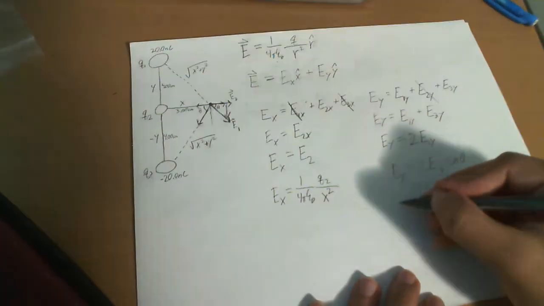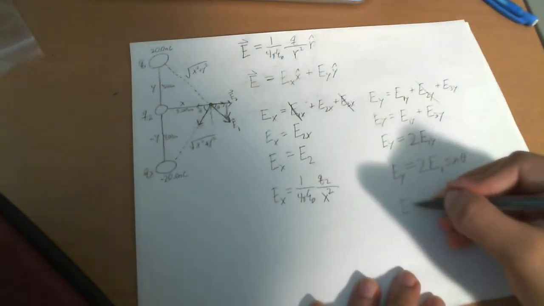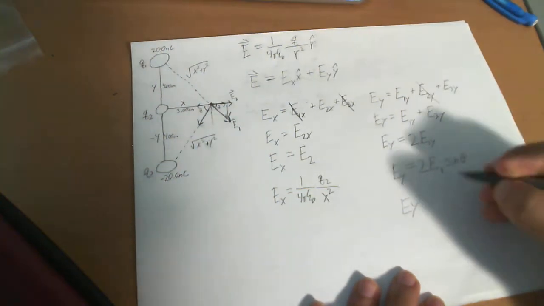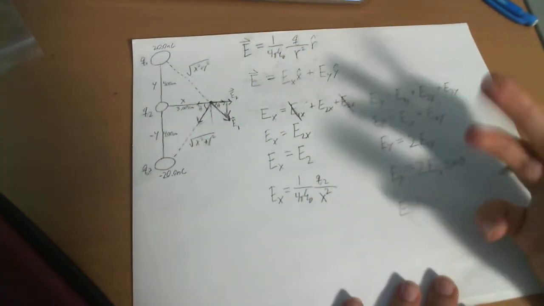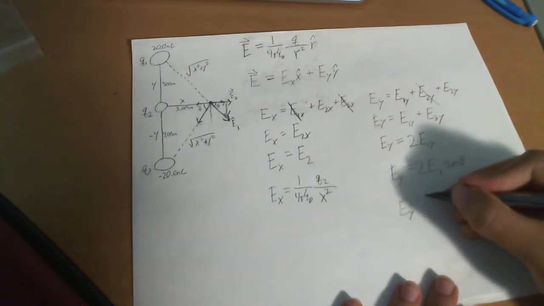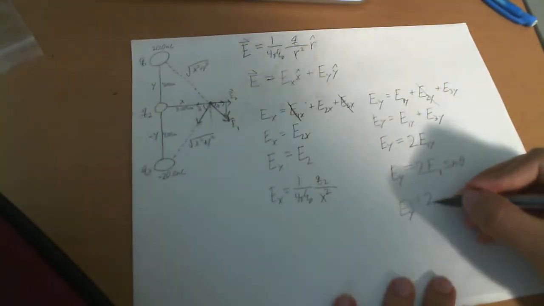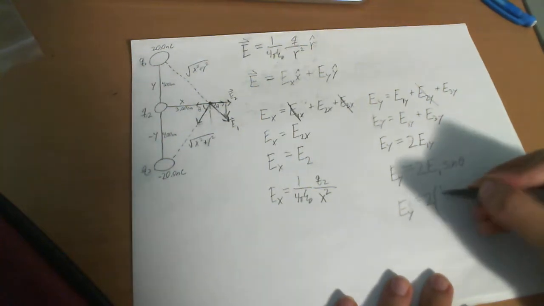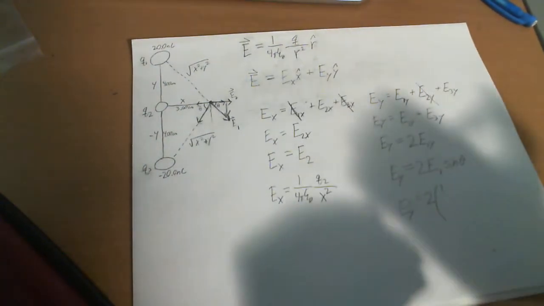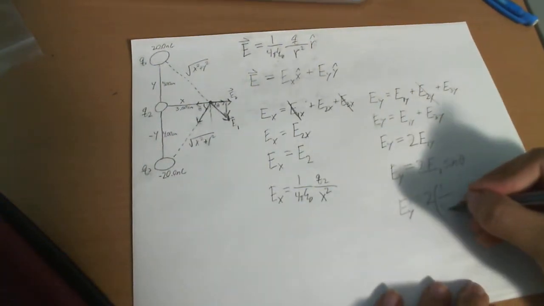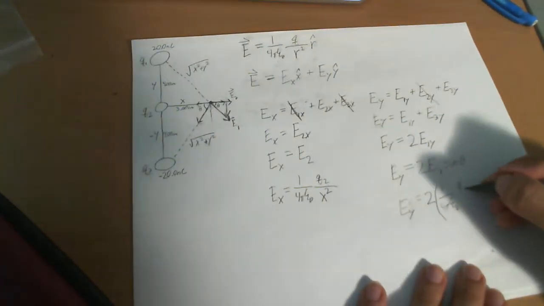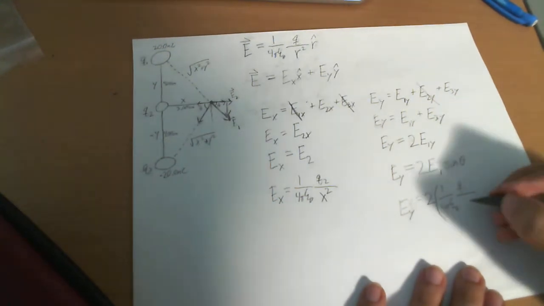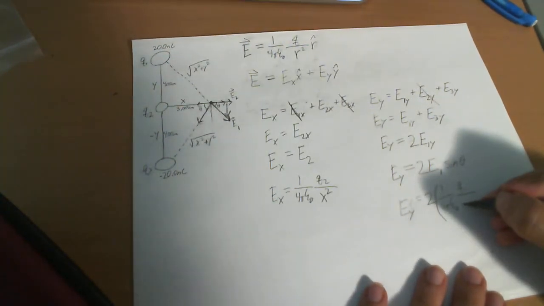And so now, putting it all together, E sub y is going to be 2 times E1, which is going to be 1 over 4 pi epsilon naught times Q1 over the distance squared, right?